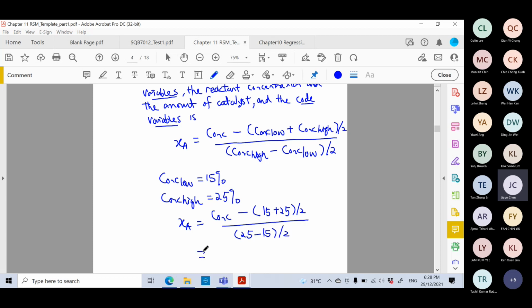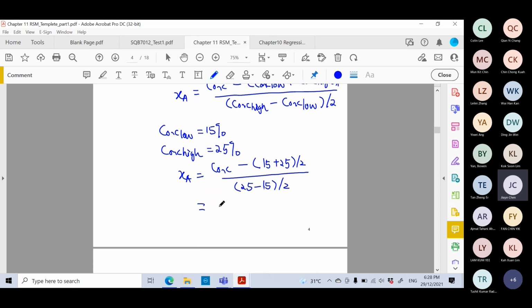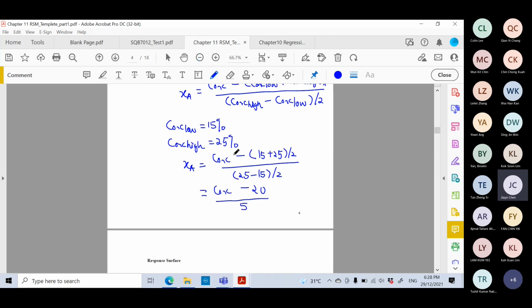Therefore XA will be equal to the concentration minus away the 15 plus 25, which is 40 over 2, you get 20, divided by the difference, 10 over 2, you get 5. Okay, so your XA can be written as the following one.